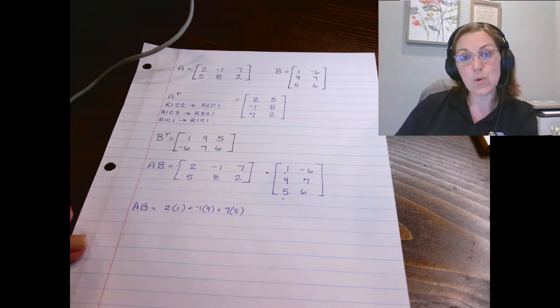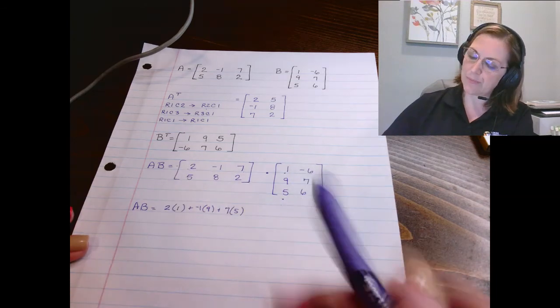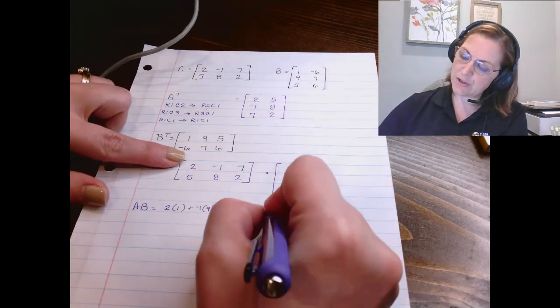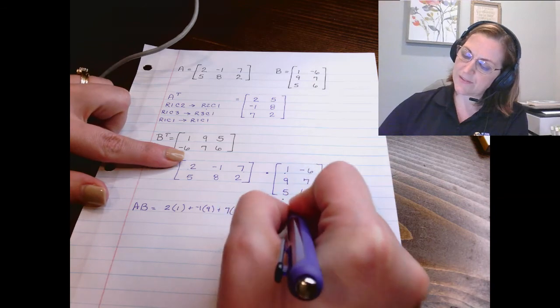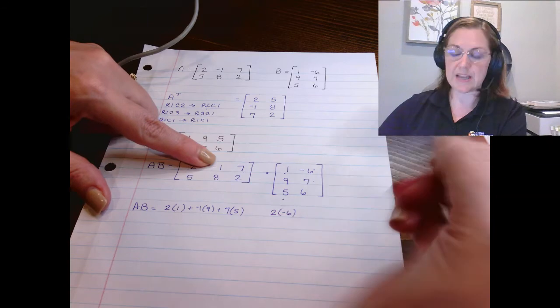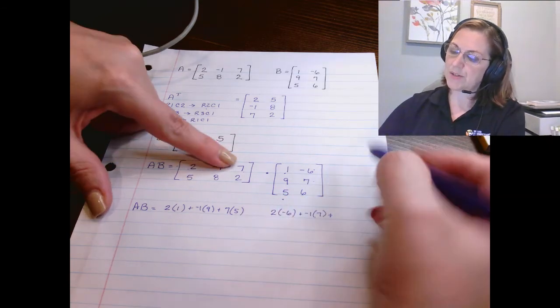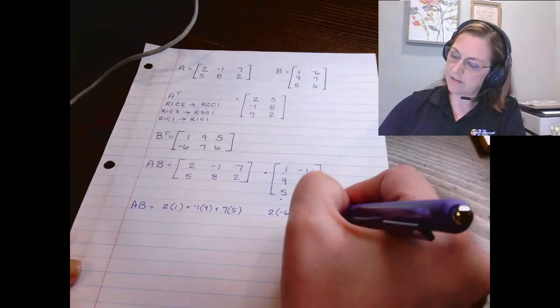Let's do row 1, column 2. So let's see, that would be 2 times -6. Then I'm going to do -1 times 7. Then I'm going to do 7 times 6.